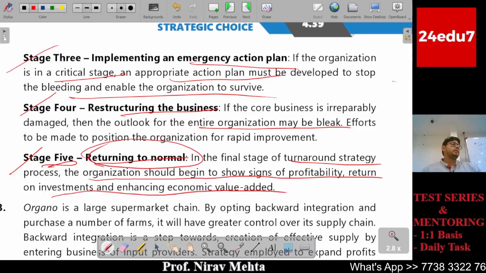Very important answer. Now I'm giving you a small case. Listen. You know Kingfisher Airlines? I have told this case earlier also. Kingfisher Airlines, once upon a time, was ruling the market. It was spending a lot of money. Every youngster during our time wanted to go to Kingfisher Airlines.